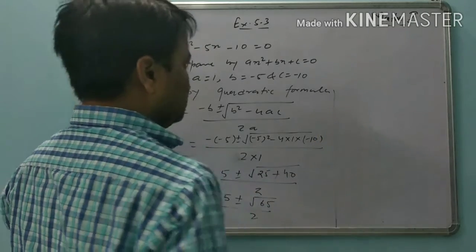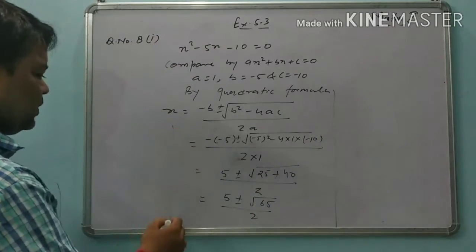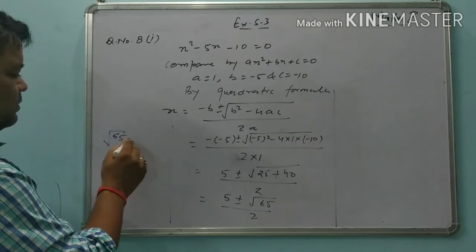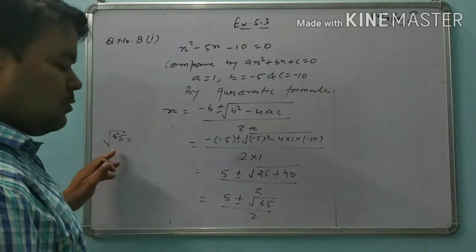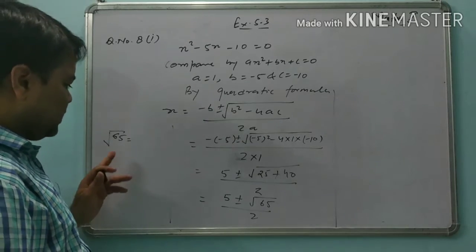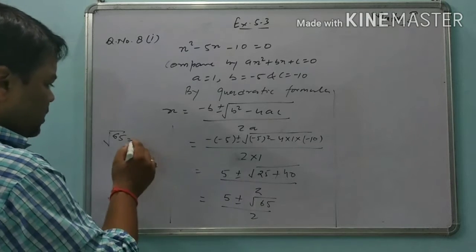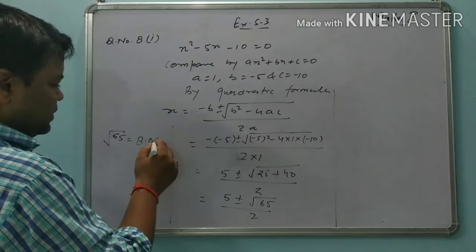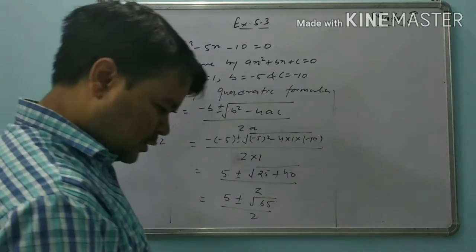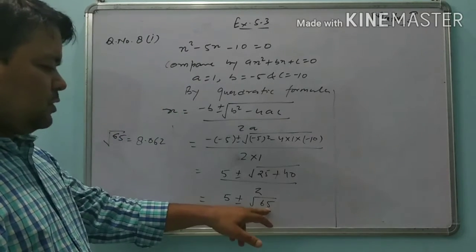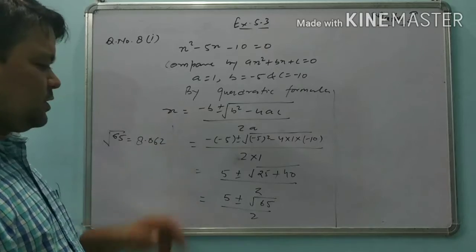Now we know that the square root of 65, after calculation, when we find its square root, is equal to 8.062. Now put the value of under root 65, that is 8.062.